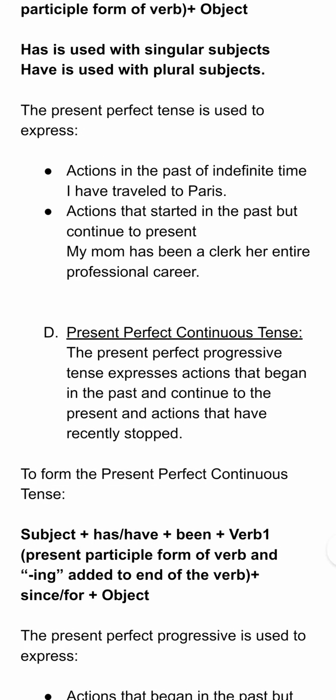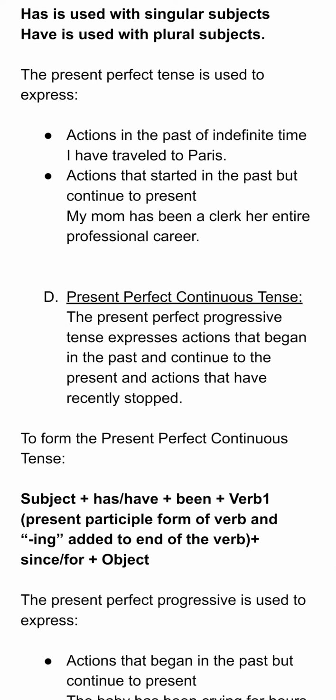For example, my mother has been a clerk her entire professional career. That means this person is talking about his or her mother being a clerk for a long duration of time and is still continuing, isn't it?